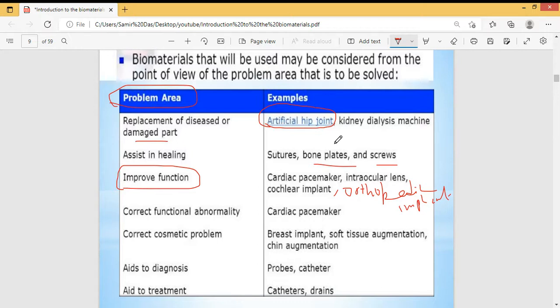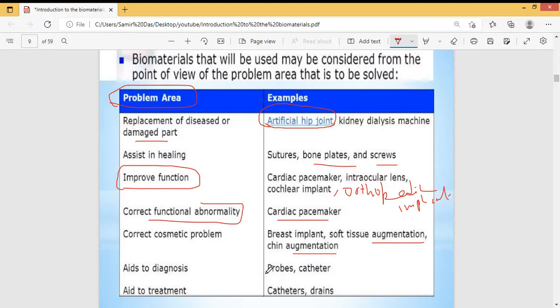To correct functional abnormality, such as with a cardiac pacemaker, if the heart's SA node does not work properly, we go for a pacemaker. To correct cosmetic problems, we use soft tissue augmentation and chin augmentation. Next, for diagnosis, we use catheters and micro probes.